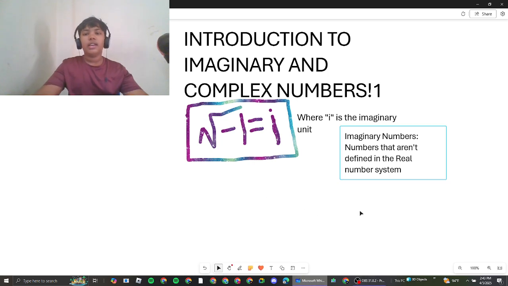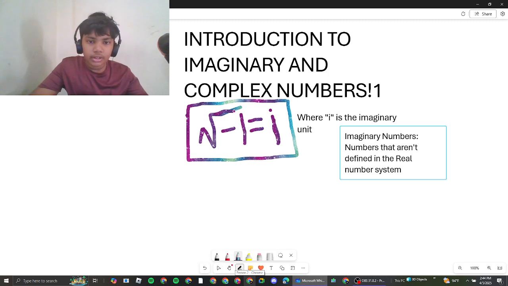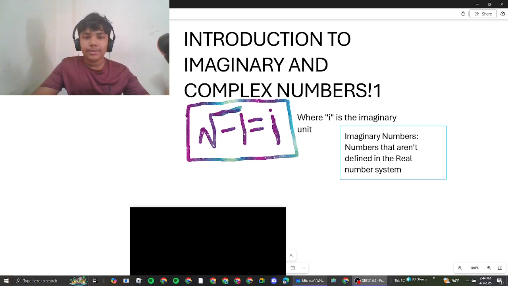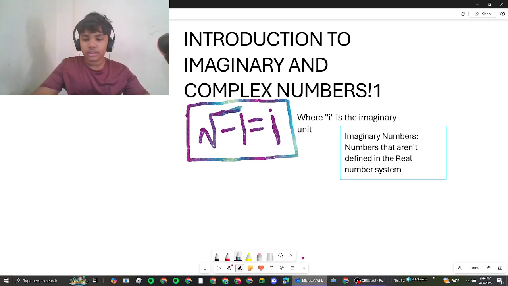You can think of imaginary like this: if you put the square root of a negative number in a calculator, it's going to say it's undefined, or to keep it real, because a calculator only accepts real solutions.